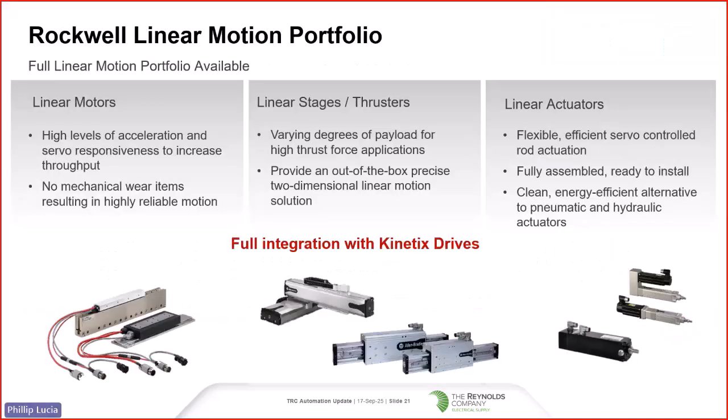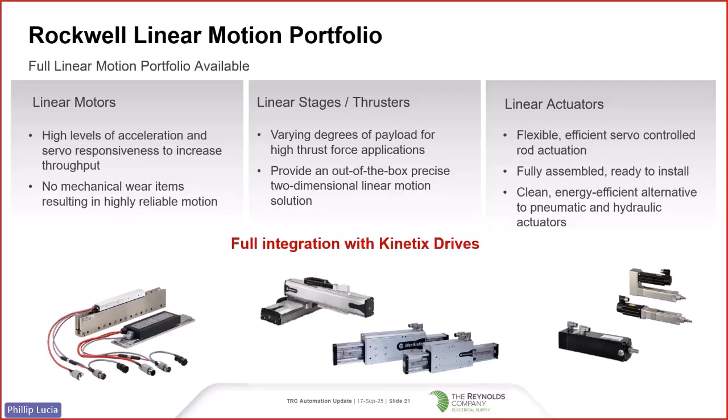And in addition to rotary motors, Rockwell also offers rugged and powerful linear motors and actuators in various styles. These do tend to be larger and more powerful than the products available from our technology partners, which Rob is going to discuss in a few minutes. There are products available as component kits for OEM integration into the machine, primarily with the linear motors, although you can also obtain these as complete linear stages and thrusters ready for retrofit on old machines to replace existing hardware.